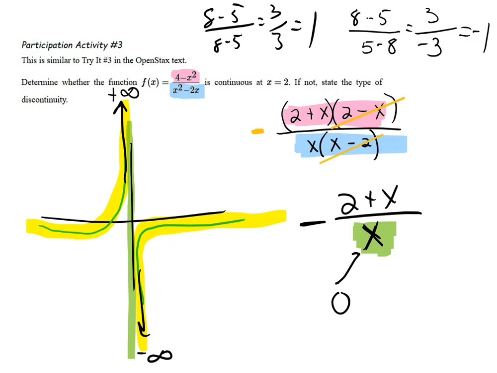So it is not continuous at x equals 2. Let's see. x equals 2 is right here. And yeah, x equals 2.